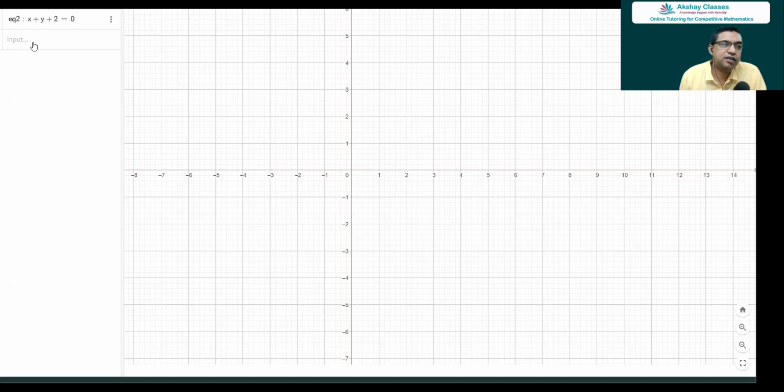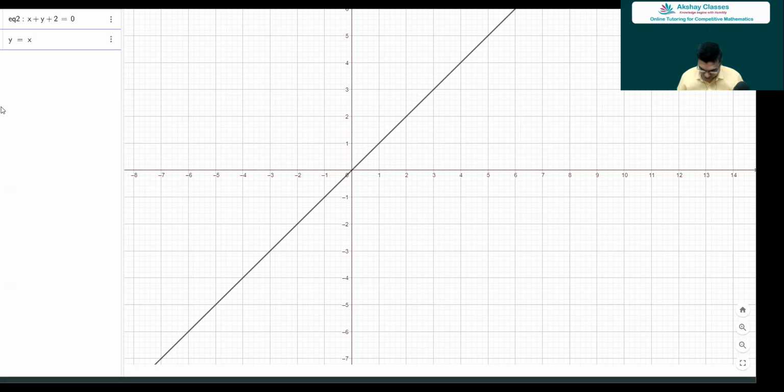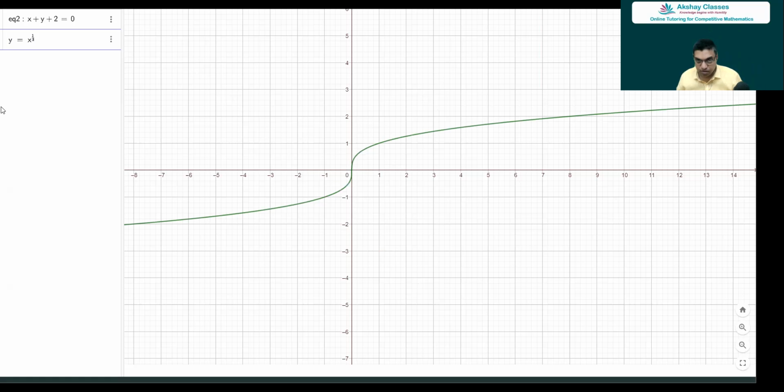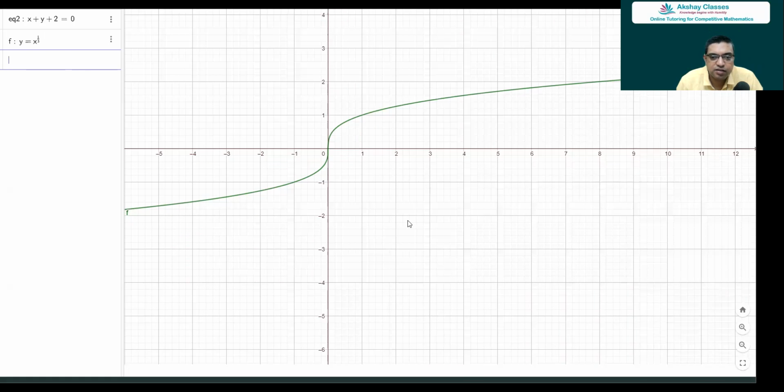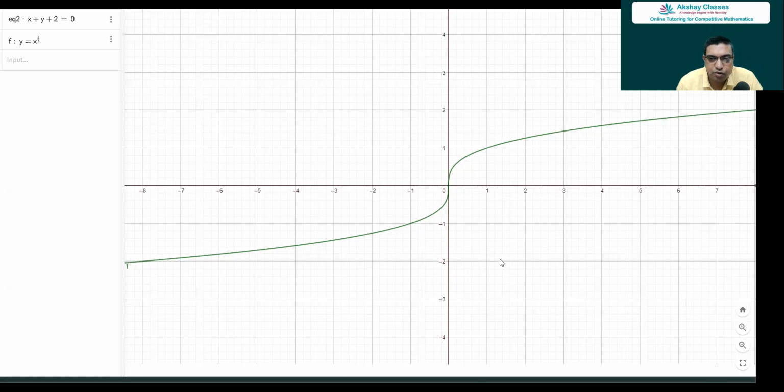So let's look at such an equation. This is y equal to cube root x.